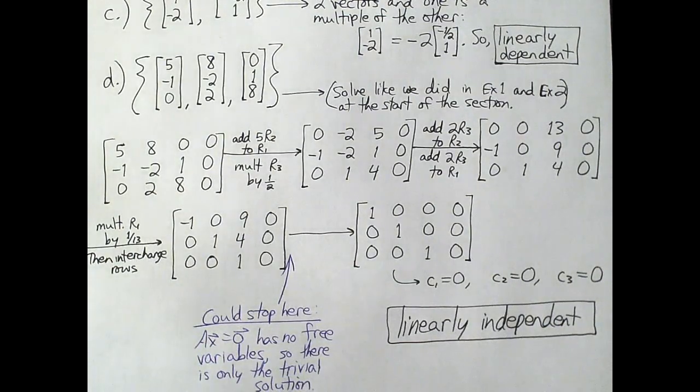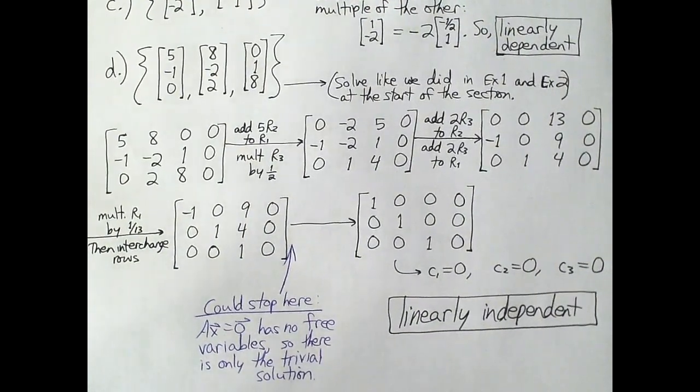Okay, so we'll be wrapping up this section in just a moment. I'm going to leave this on here in case anyone is still copying that. Okay, so that is the end of our lesson on linear independence. We started with the definition of linearly independent and linearly dependent.